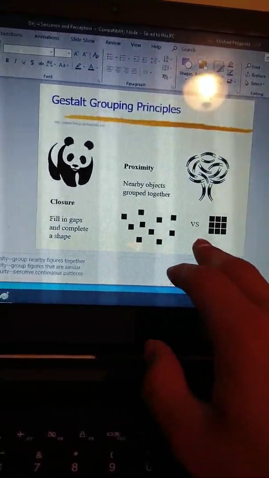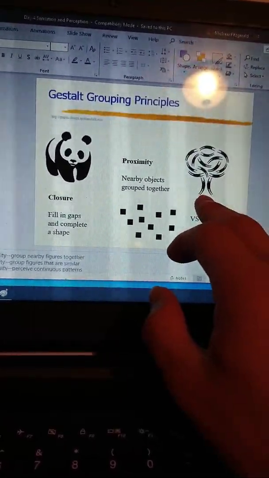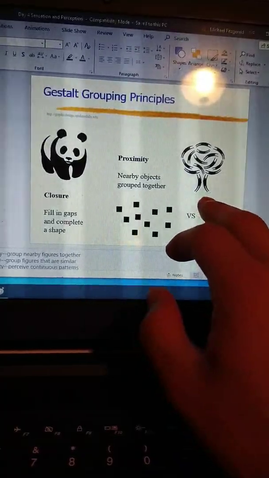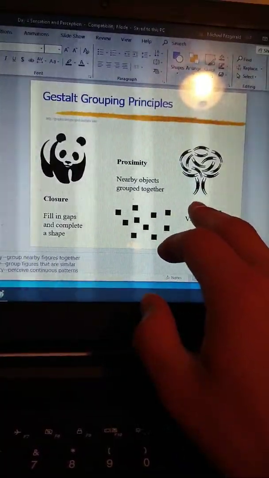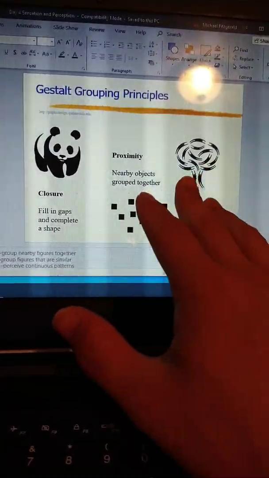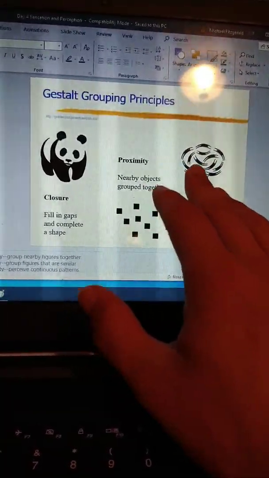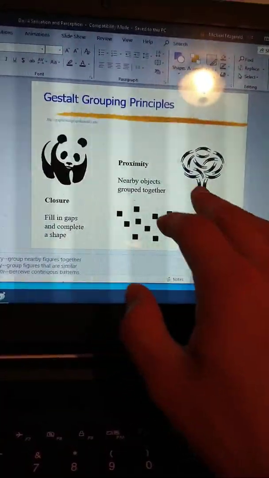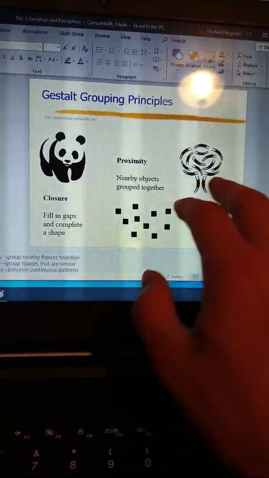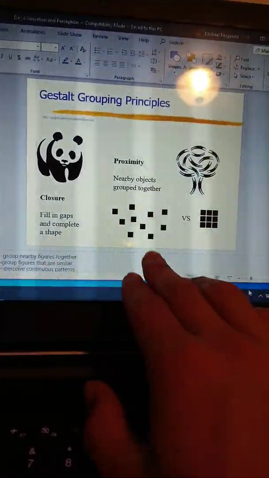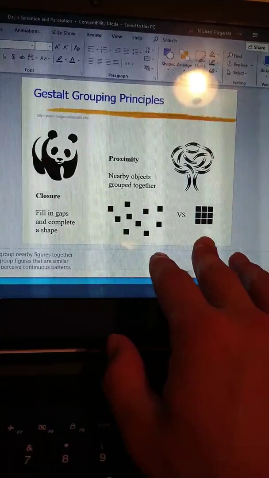Proximity, grouping something together. When you look at this here, you almost see a tree, so to speak. But really, it's just individual pieces of information, but because they are close to each other in proximity, we group it into being one thing. This versus this is the same idea.